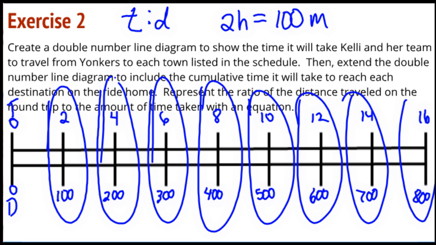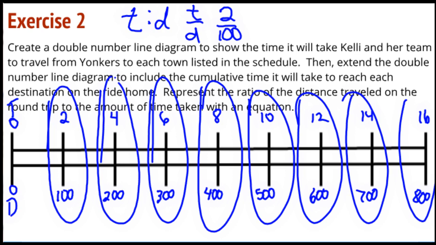So I need to do some thinking here. What is the actual ratio relationship here? What is the value of this ratio? Well, I know the ratio is 2 to 100. And if I write that in largest possible units, I know that, let's see, put time to distance.